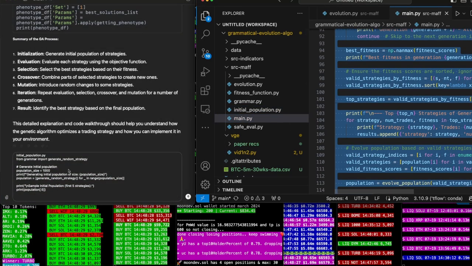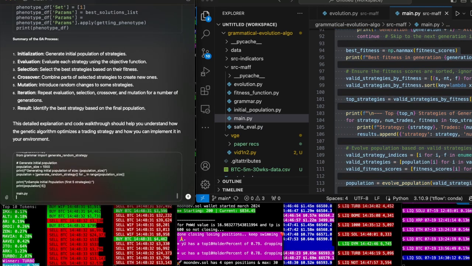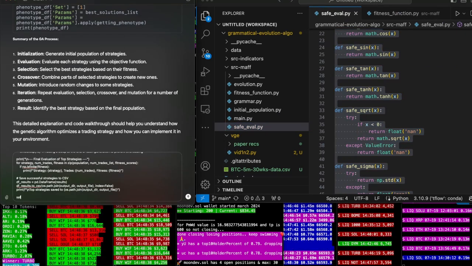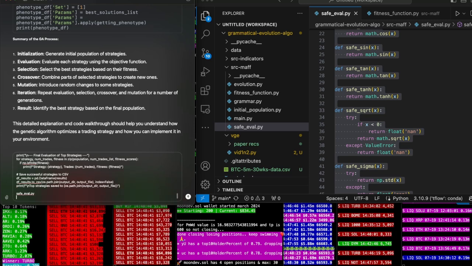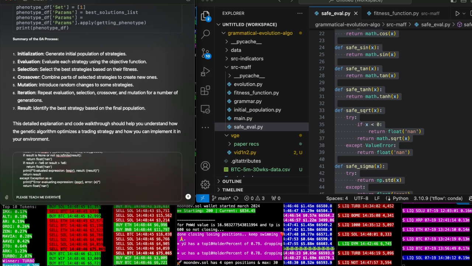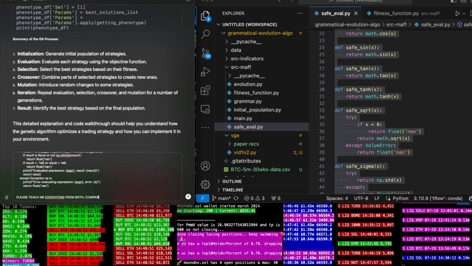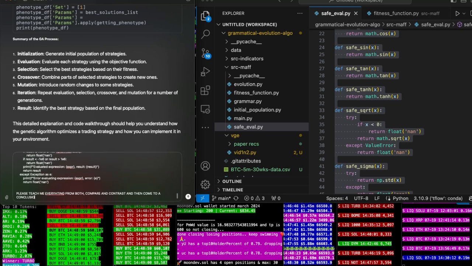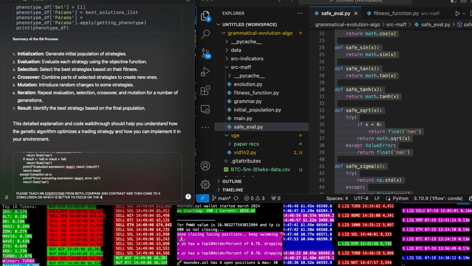Main. Safe eval. So please teach me everything from both, compare and contrast, and then come to a conclusion on which is better to focus on, the VGA or the MGA.